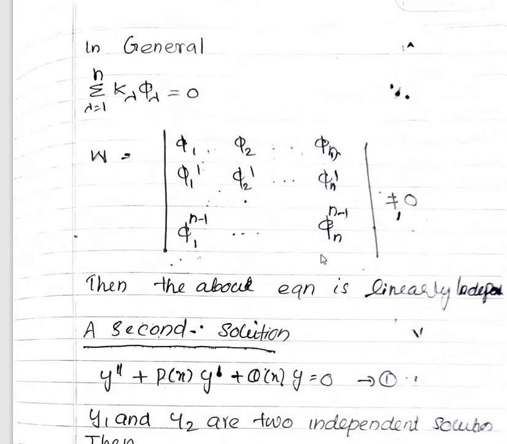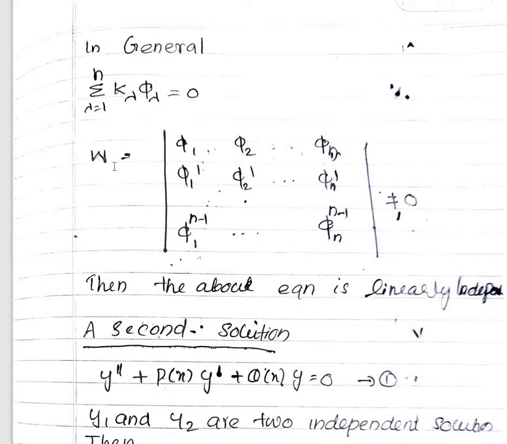So we can generalize this. Suppose we have n functions, the sum from lambda equal to 1 to n of k lambda phi lambda is equal to 0. It is linearly independent when these phi's are linearly independent.